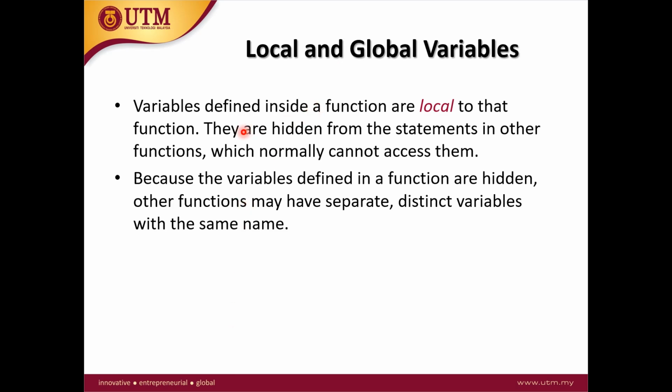Those variables which are defined inside a function are called local variables, which are local to that function. They can be used only inside that function. If they are needed inside other functions or in the main function, they need to be declared again. They are hidden from the statements in other functions, and the other functions can't access them.